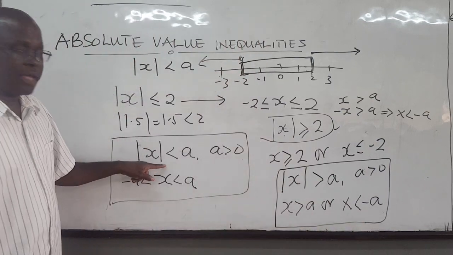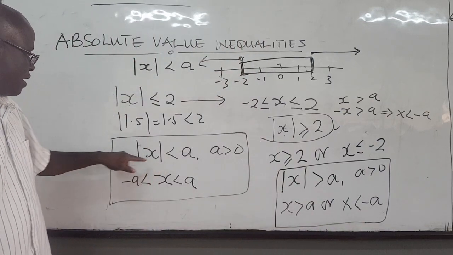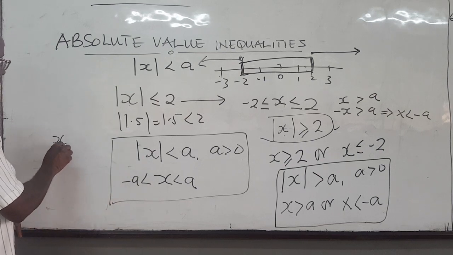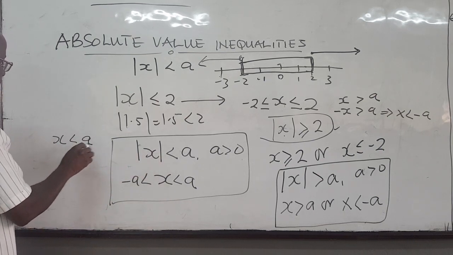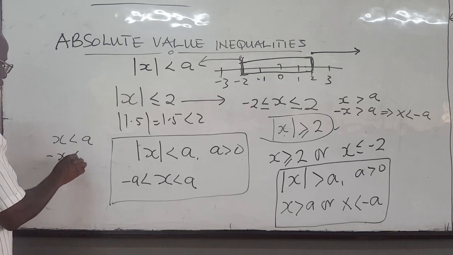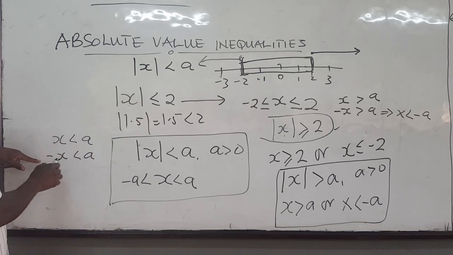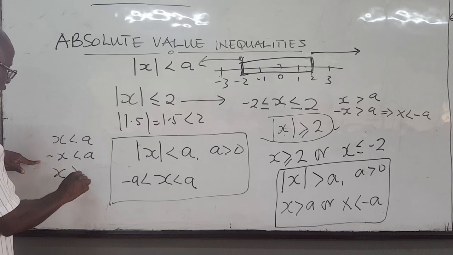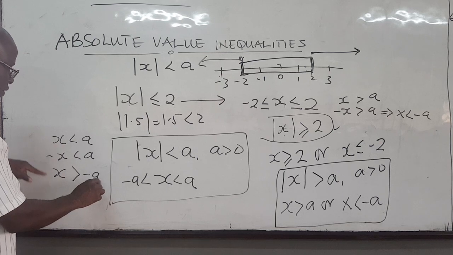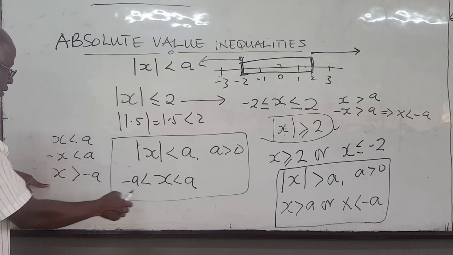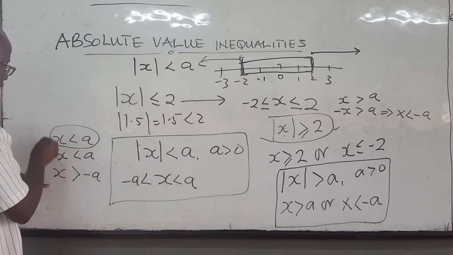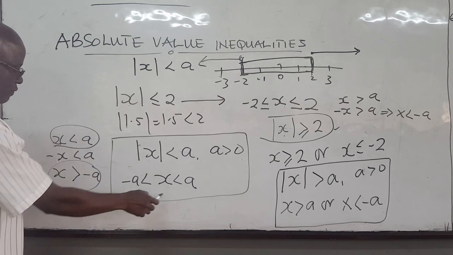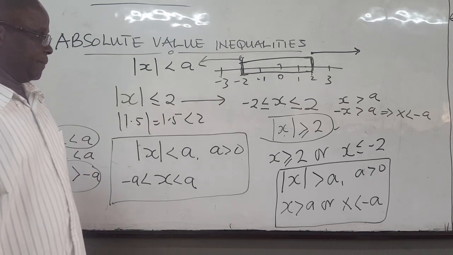Okay? You can do the same thing here. Here this means that x is less than a and negative x is also less than a. But from here, if I multiply through by negative, I have to switch the sign, so this has to be greater than negative a. So x is greater than negative a and x is less than a. These two form that. All right?